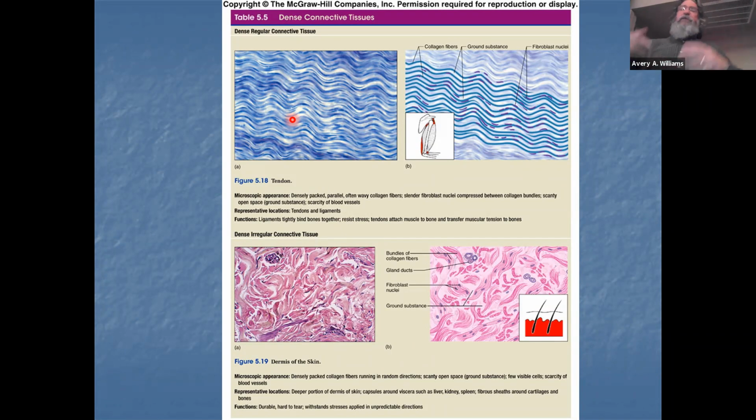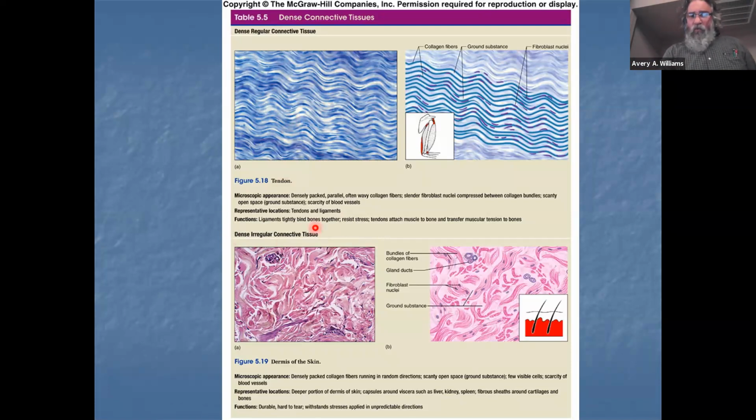So the muscle pulls on the tendon, which pulls on the bone. And that's it. The muscle never pushes, it always pulls in one direction. And so the fibers are just going in one direction. That's it. So you've got a lot of strength, just going in one direction. So all the fibers are parallel to one another. They're regularly arranged.